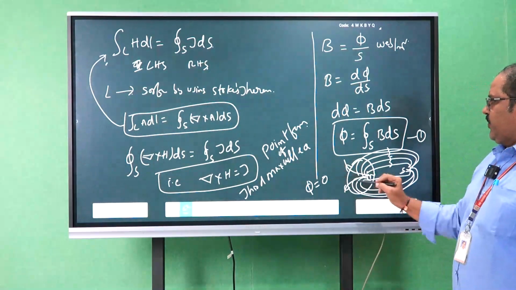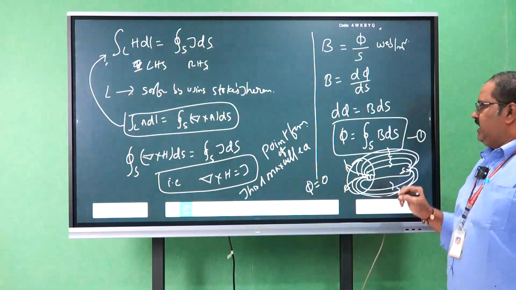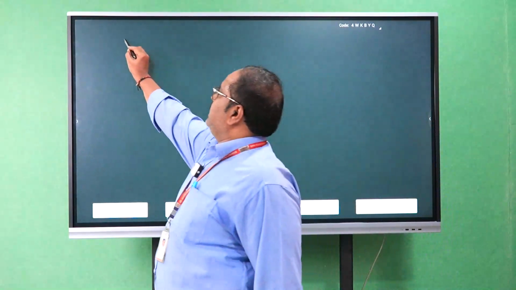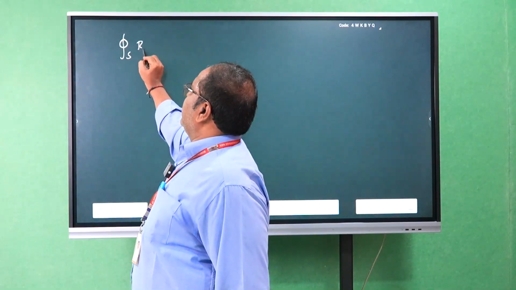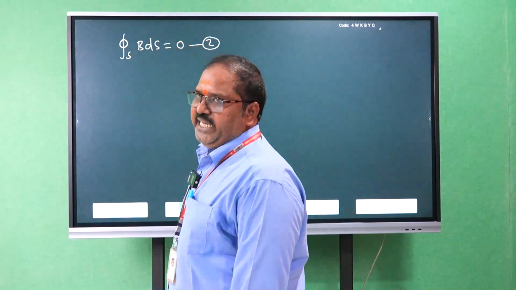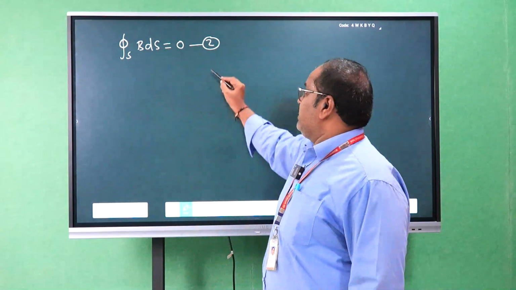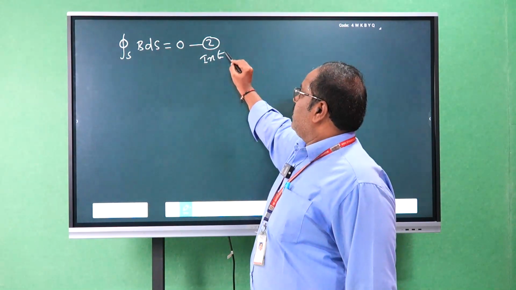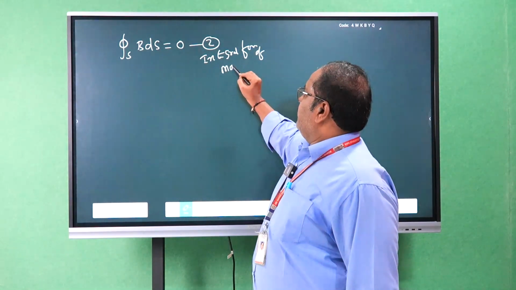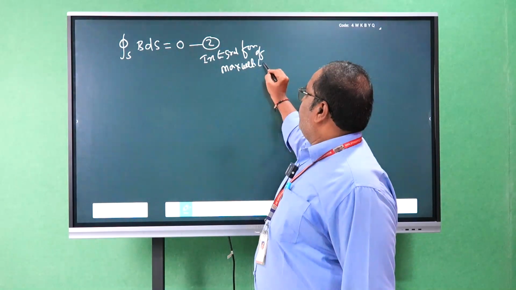So phi is equal to 0; substitute this in the equation. Therefore, the surface integral of B dS is equal to 0. Very, very important. This is the integral form of the Maxwell fourth equation.